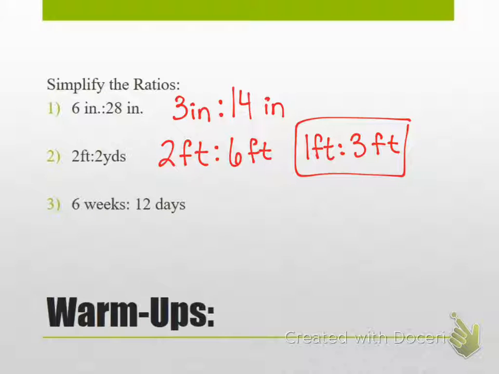On number 3, do we have the same units? Nope. So it's going to be easiest for us to change weeks into days. How many days are in 6 weeks? 42 days. Very good. 42 days compared to 12 days. Can that be reduced? Yes, they can both be divided by 4. 42 divided by 4.